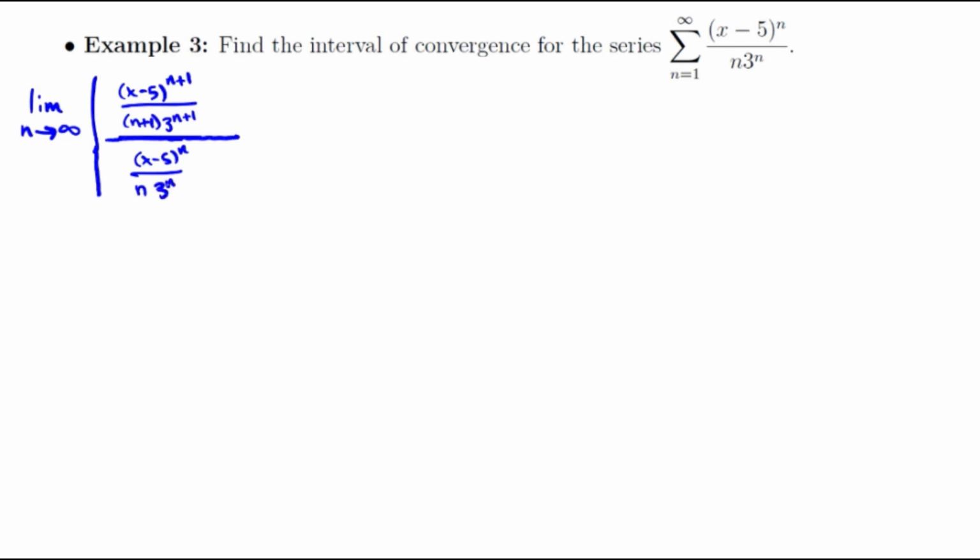All right, so let's take a look at example 3. We're going to find the interval of convergence for this series. We know the drill now. It's all about the ratio test. The limit as n goes to infinity of x minus 5 to the n plus 1 divided by n plus 1, 3 to the n plus 1, all divided by x minus 5 to the n over n times 3 to the n.